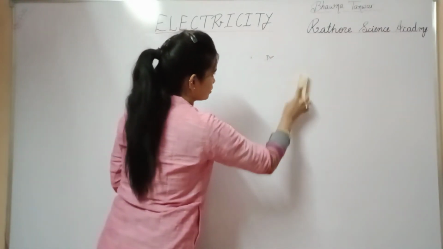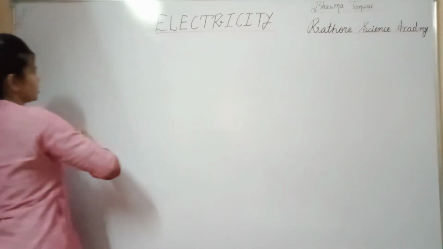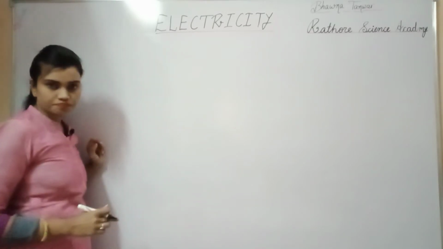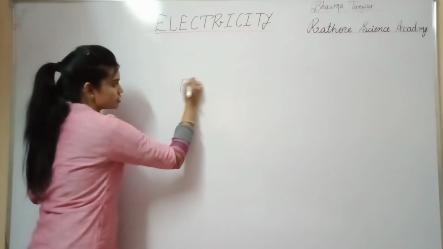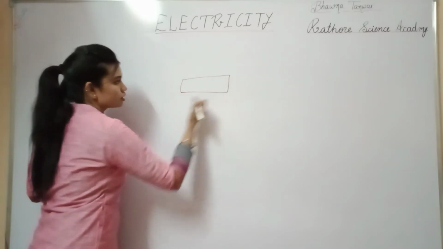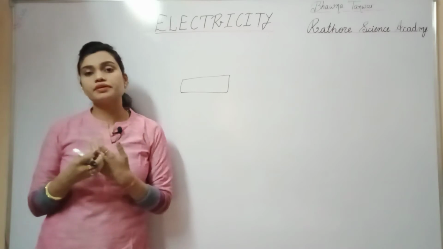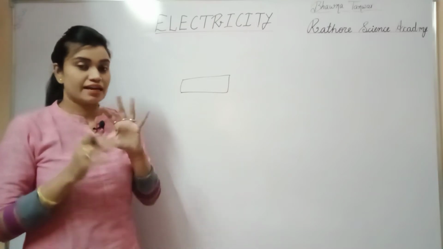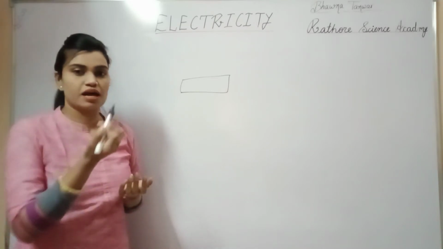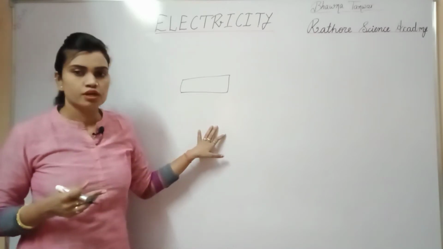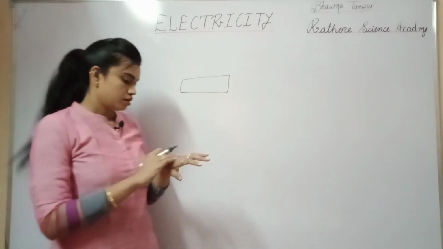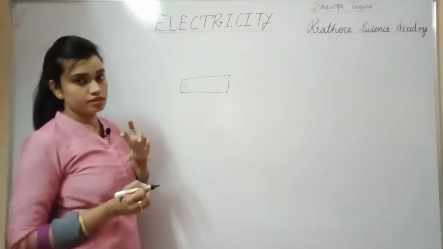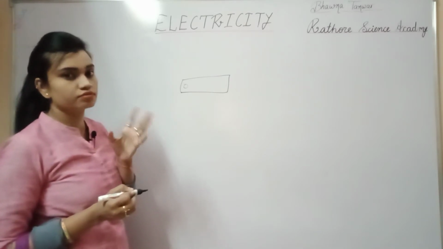Before going to this, we will discuss charges and recall our previous knowledge too. See guys, in previous class we have studied that every matter, that means anything which occupies space, may be a scale, pen, pencil, human body, that board, all matter is made up of small atoms.